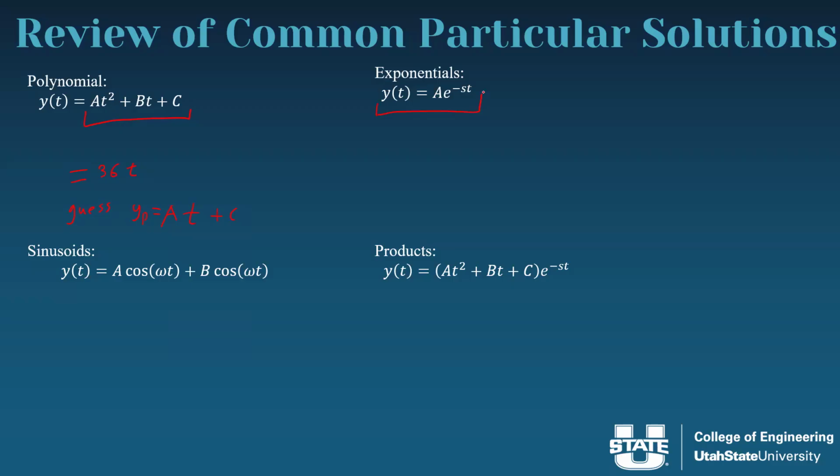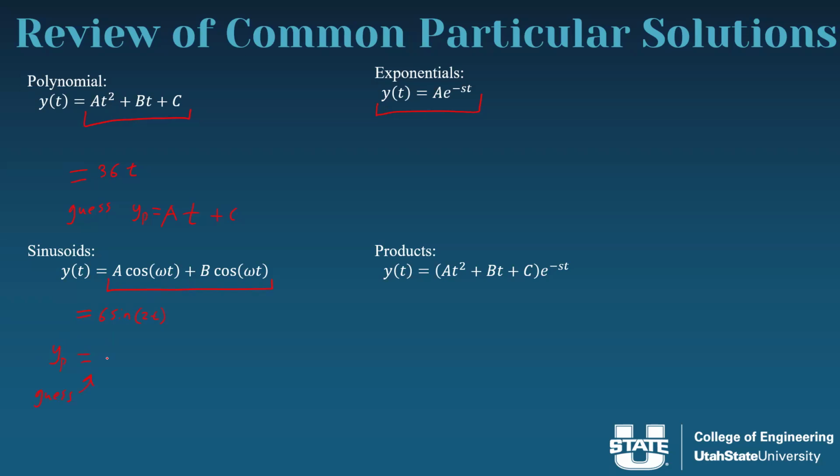And then here is the really tricky part, is when we have some kind of sinusoids. The key to remember with these is that even if you have, let's say, 6 sine of 2t, in your guess for what the particular solution will be, you have to use both sine and cosine.